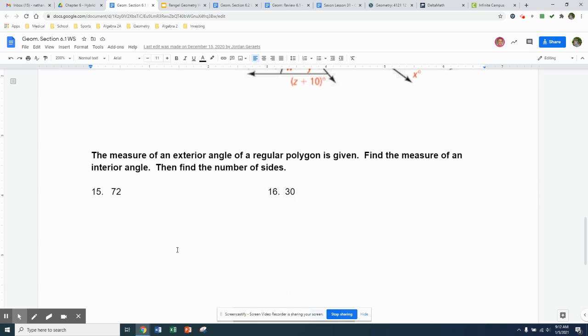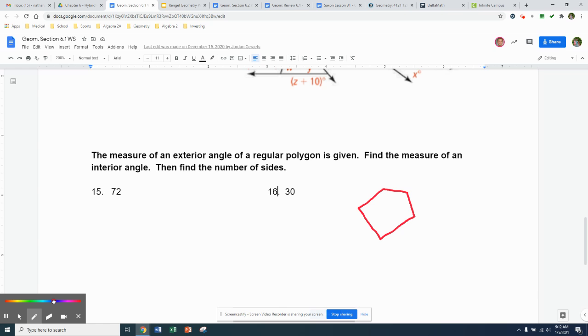All right. The measure of an exterior angle of a regular polygon is given. Find the measure of an interior angle, then find the number of sides. Okay. A couple things with exterior angles. I'm just going to draw a figure. It's not going to be a 30-sided figure, but let's just say we have this figure, trying to make a pentagon there.